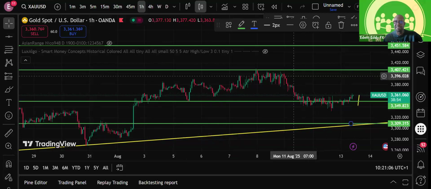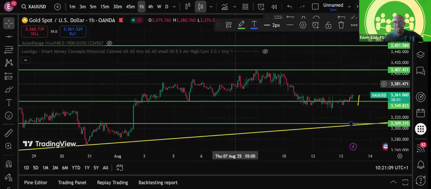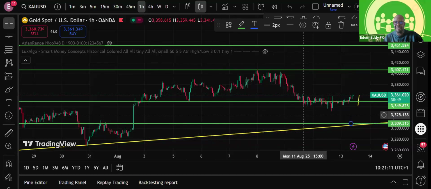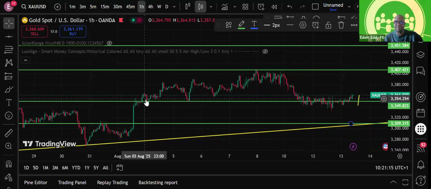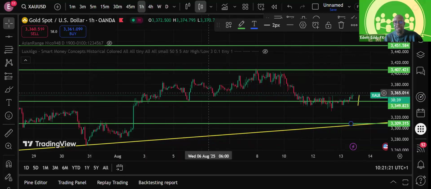Now I haven't marked all of this. It shows us clearly that these have been points of interest where price keeps bouncing off and breaking through as well.